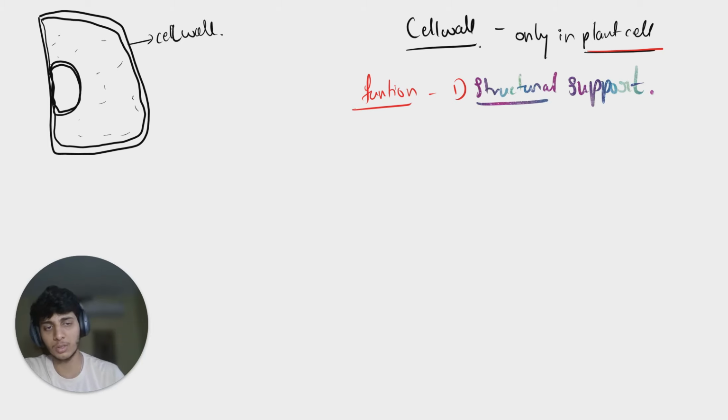Every cell is tightly packed, so when any external force is applied, the cell might burst or get damaged. In plant cells especially, the cell wall protects from external disturbances.